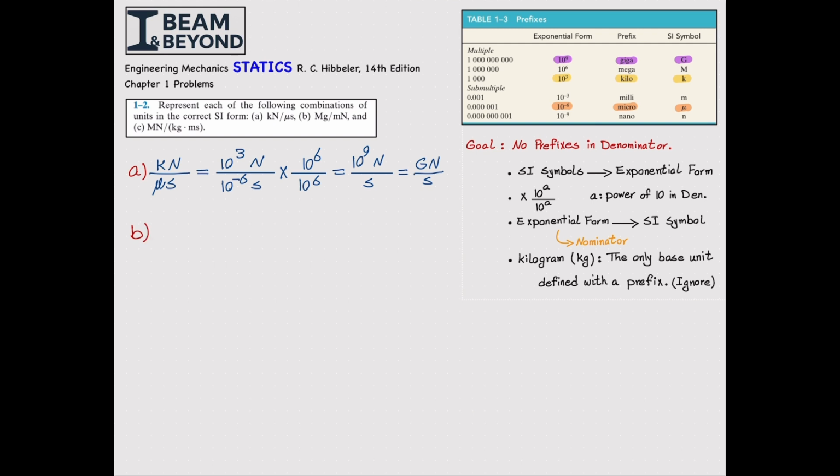For part B, we have megagram per millinewton. So mega is 10 to the power of 6, and milli from this table is 10 to the power of -3.